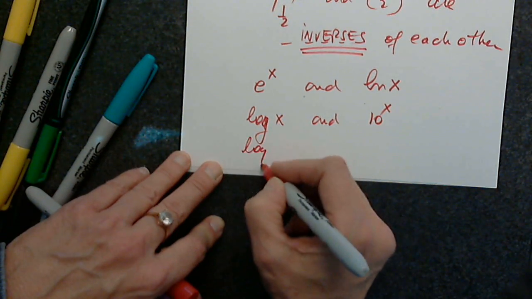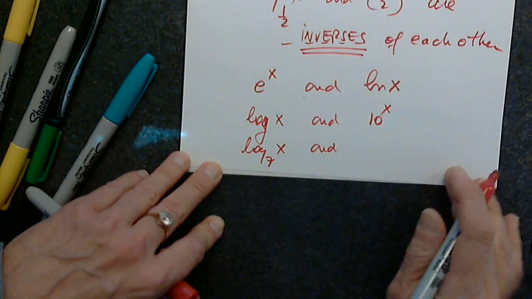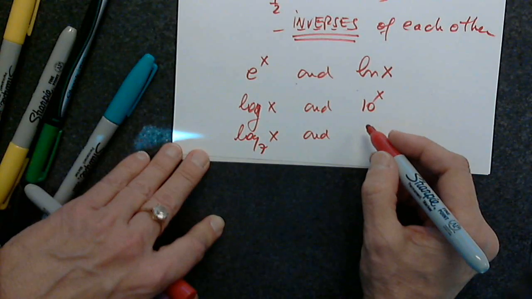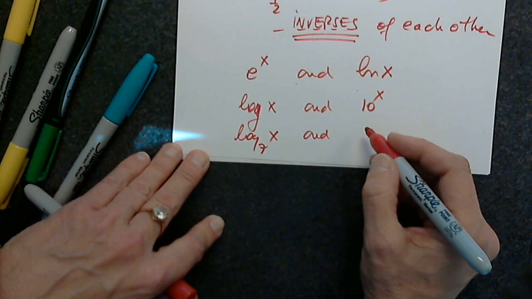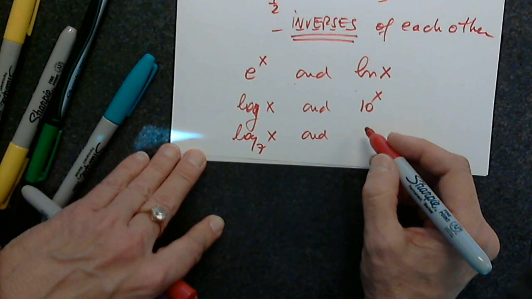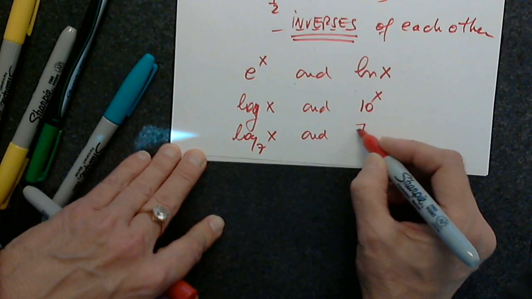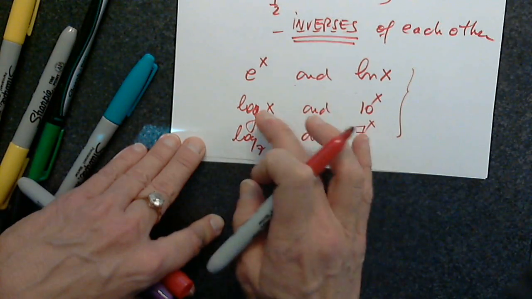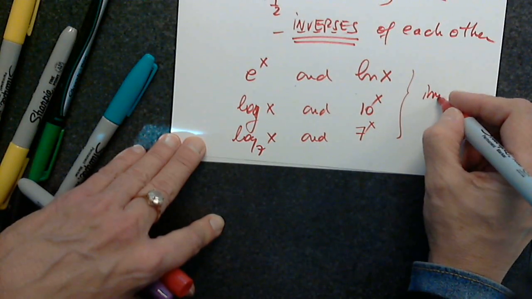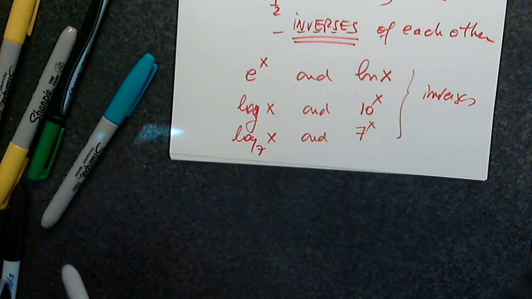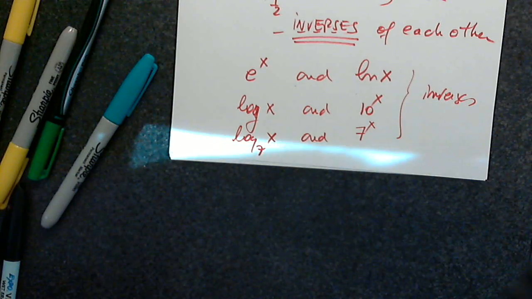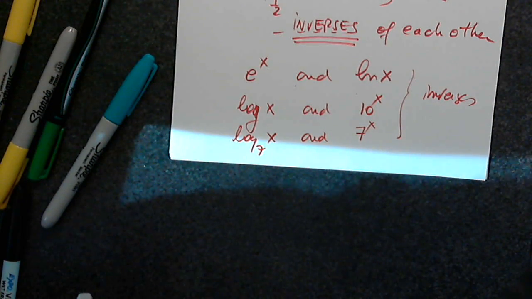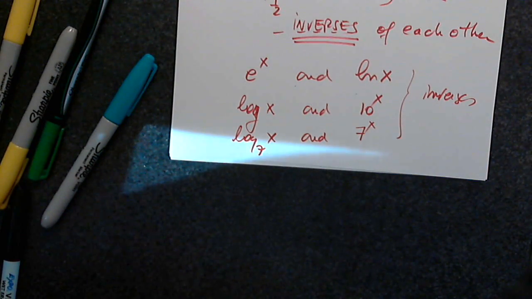What about log base 7 of x and 7 to the x? Are inverses of each other? So this with this, this with this, this with this, inverses. So remember, for the exponential and the log to be inverses of each other, they have to have the same base.